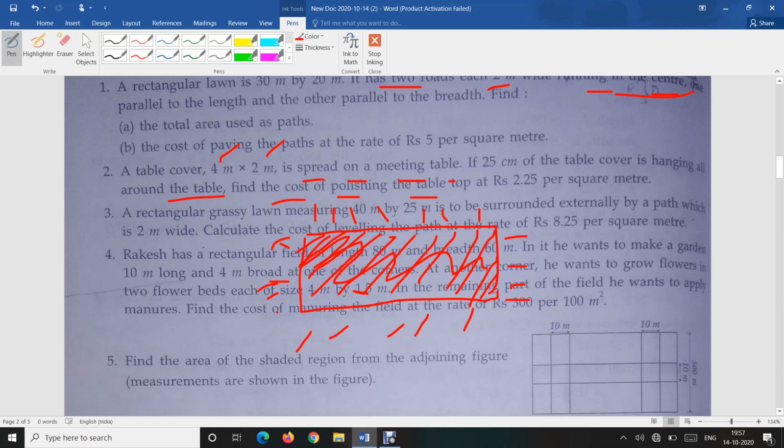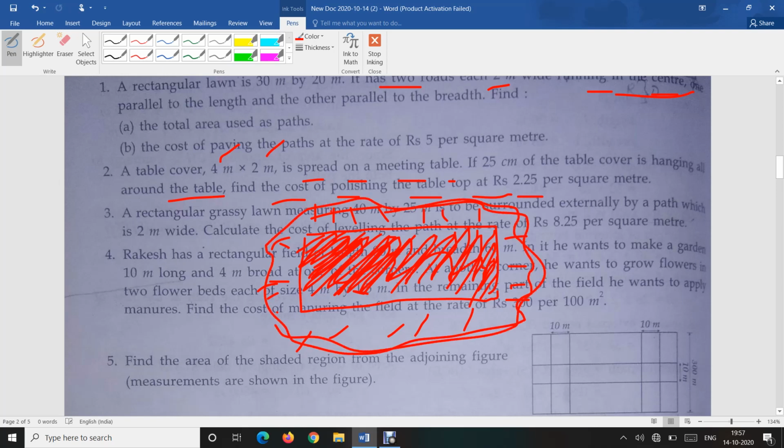Find the cost of polishing the table top at rupees 2.25 per square meter. We just need to find the area of the table top, which means we have to exclude this hanging portion, but this is the area for the total table cover.